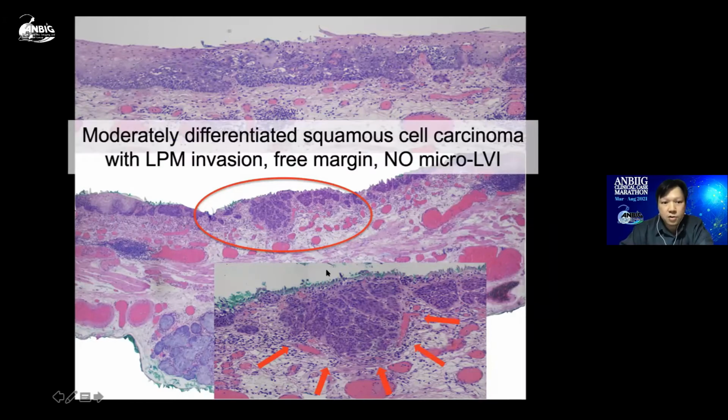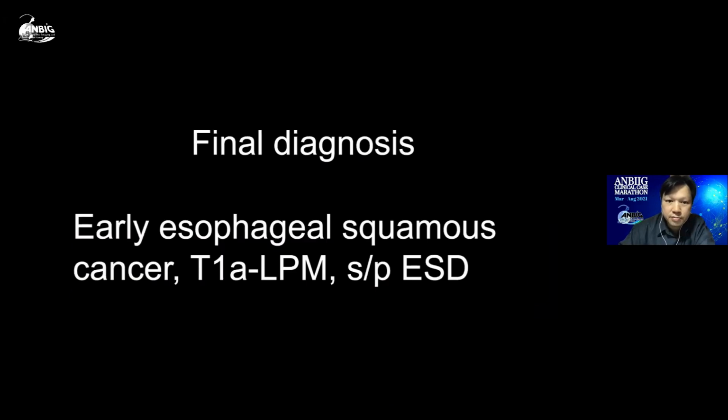So the final diagnosis is moderately differentiated squamous cell carcinoma with lamina propria invasion. The margin is free and there is no microlymphovascular invasion. So ESD is a curative treatment for this patient. The final pathology is early esophageal cancer with T1a lamina propria invasion post-ESD treatment.